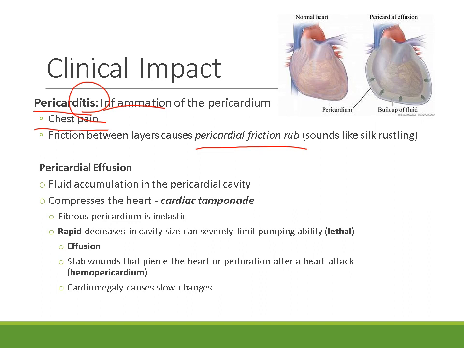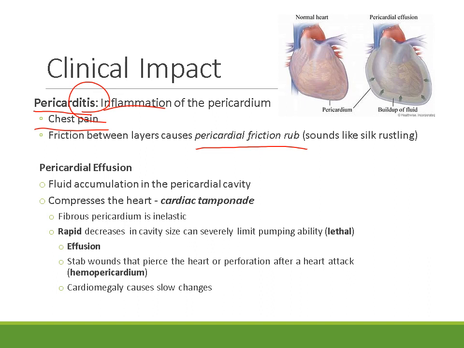When somebody has pericarditis, we can give them NSAIDs, non-steroidal anti-inflammatory drugs, to decrease the inflammation. Patients who have long-lasting pericarditis can be treated with a drug called colchicine. If it's bacterial, we give antibiotics.